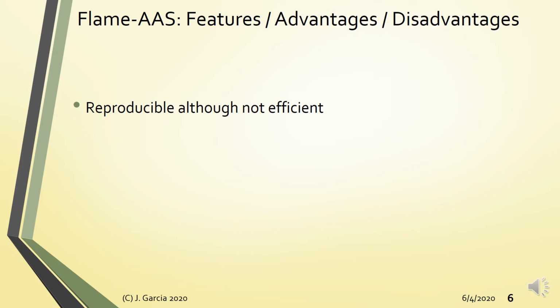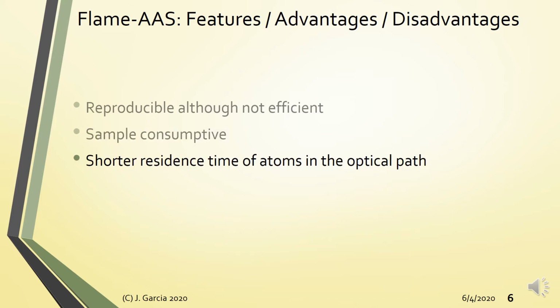In relation to that, it's sample consumptive. Since you are throwing away the majority of the sample aspirated, you're wasting your sample. Another problem is that there is a shorter residence time of atoms in the optical path.